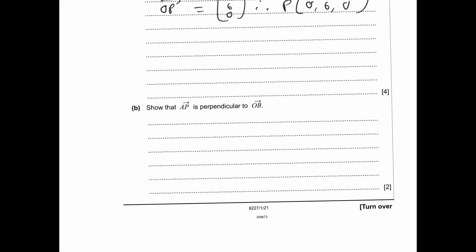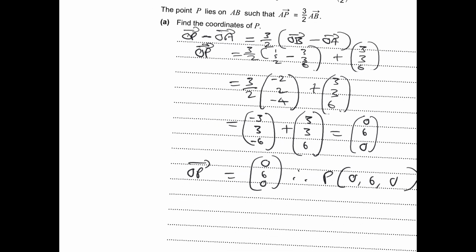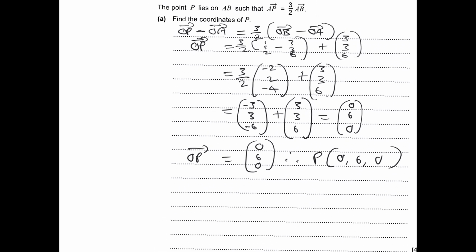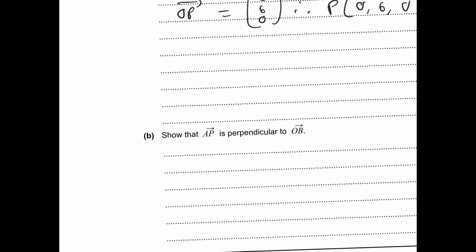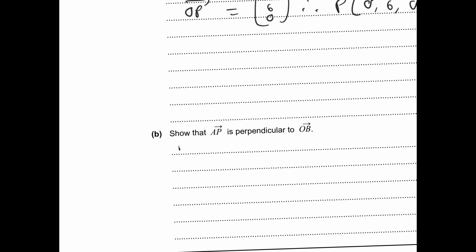So what is our AP in this case? We didn't have our AP because we didn't have OP, but now we can find AP. AP in terms of position vectors becomes OP minus OA.